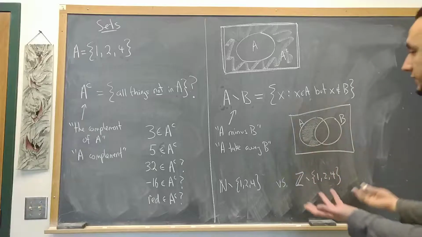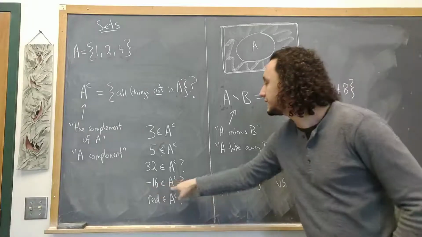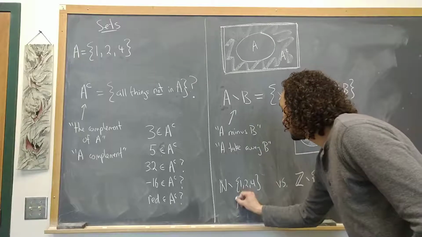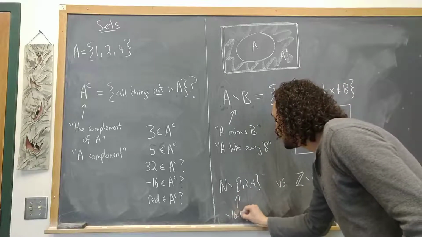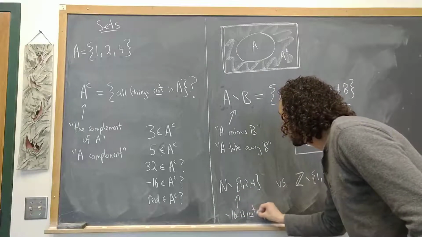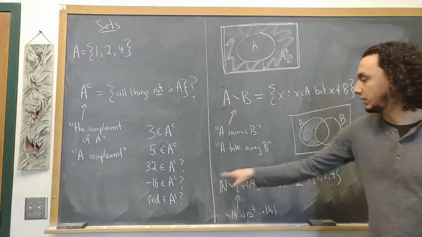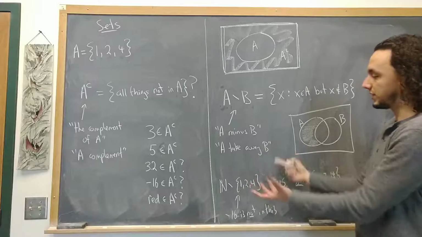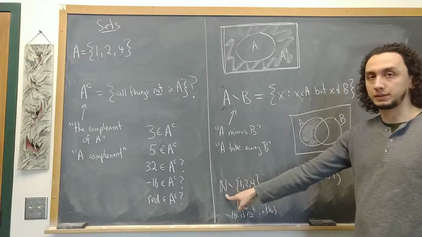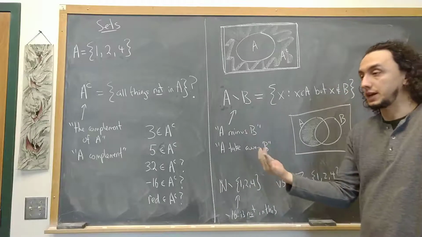And now we get two different answers to the question of, is minus 16 in the complement? Here, minus 16 is not in this, because we're taking the complement of 1, 2, 4 within the wider set of natural numbers. Negative 16 was never on the table.